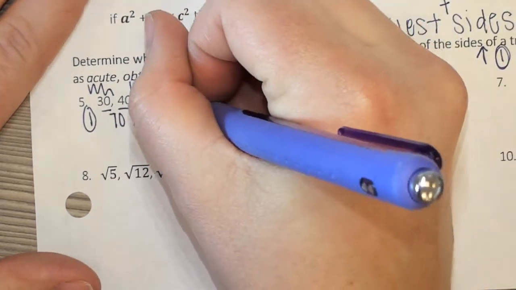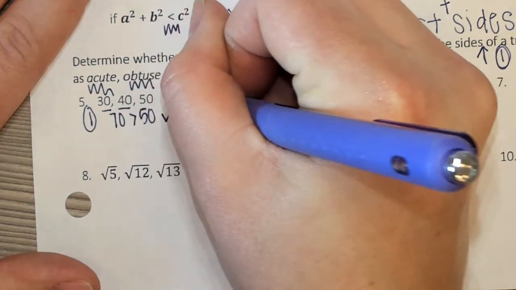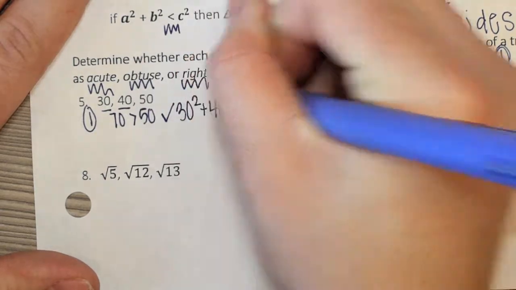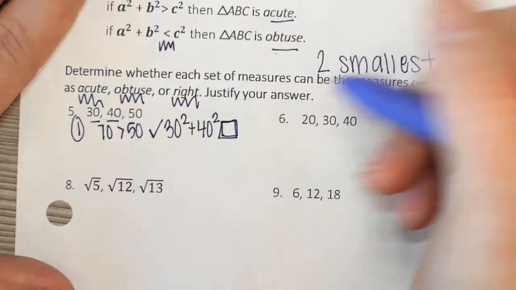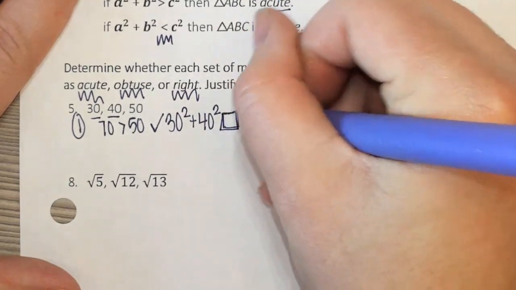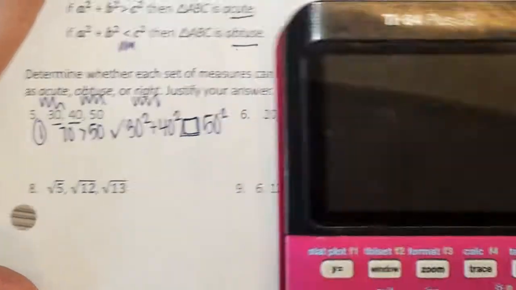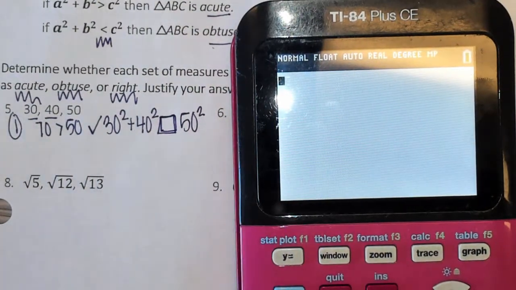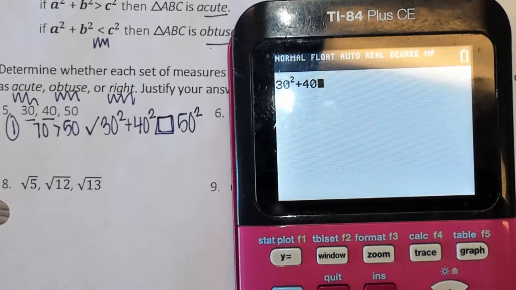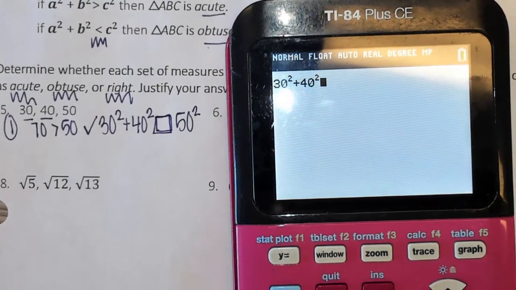So now let's do 30 squared plus 40 squared, and let's see what this symbol is going to be compared to 50 squared. I actually put the first 2 in my calculator at one time, and you can do this as well. I do 30 squared plus 40 squared at the same time.